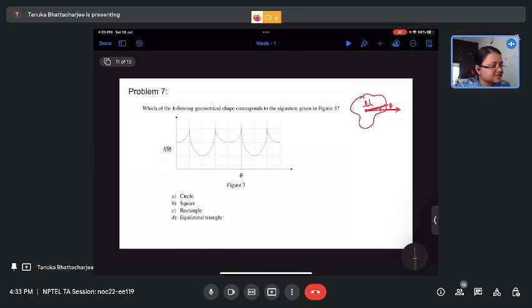If you choose this particular point, then the length is this much, but if you choose this point, the length becomes much smaller. So depending on the theta at which you measure the angle, that length keeps changing. So we can say that this length is a function of theta, and we write that as L of theta.